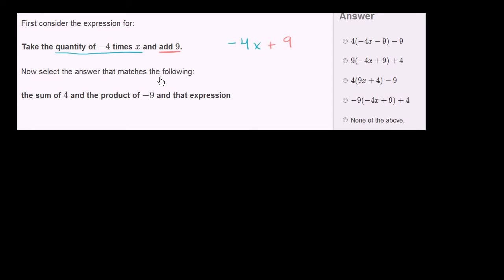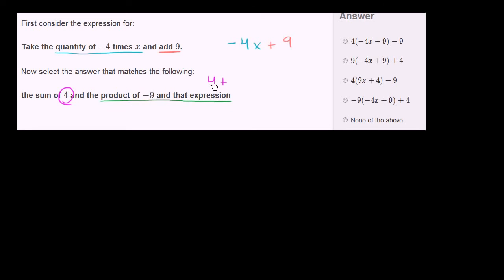Now select the answer that matches the following. The sum of 4 and the product of negative 9 and that expression. So let's think about this. The sum of 4, so we're going to take 4 and we're going to add it to the product of negative 9 and that expression.